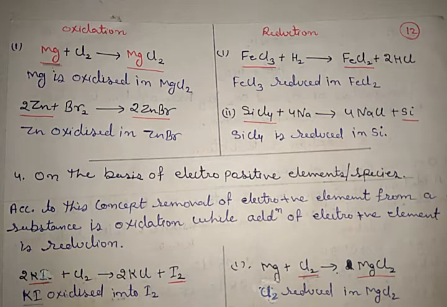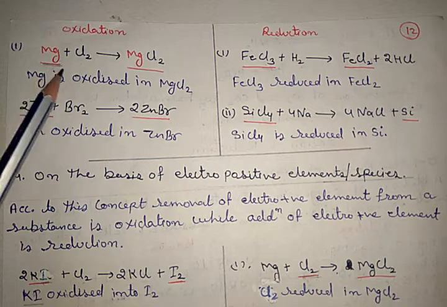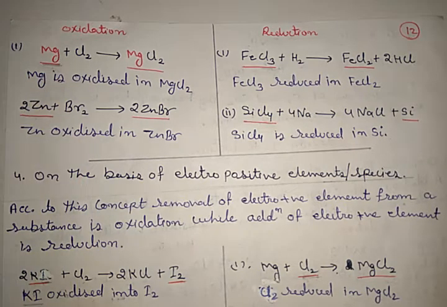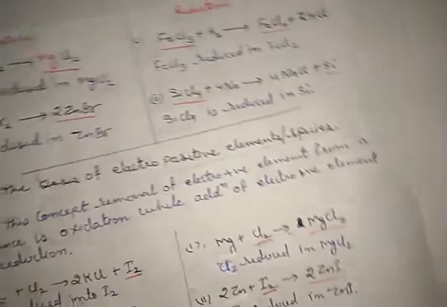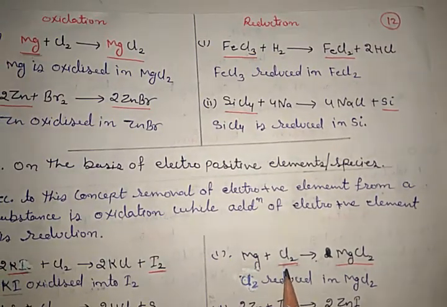Now is it confusing? No. Here we consider it as oxidation with reference to magnesium, but here we are considering it as reduction with reference to chlorine.